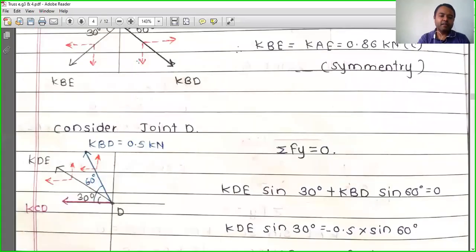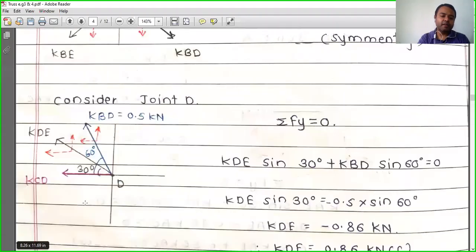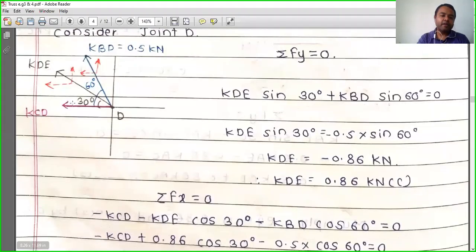Here KBD, we have got 0.5 kilonewton tensile. Tension means show the arrow away from the joint. KBD is known to us, that is tensile. Show whatever the actual answer is there.